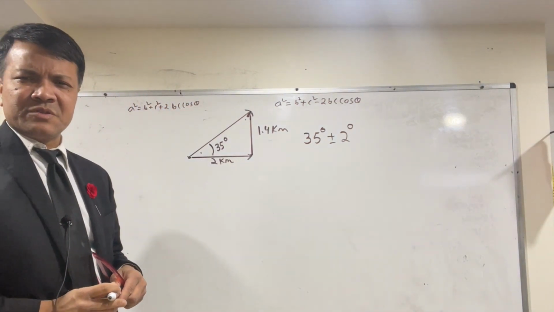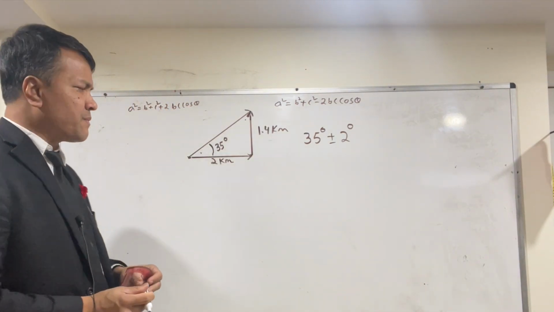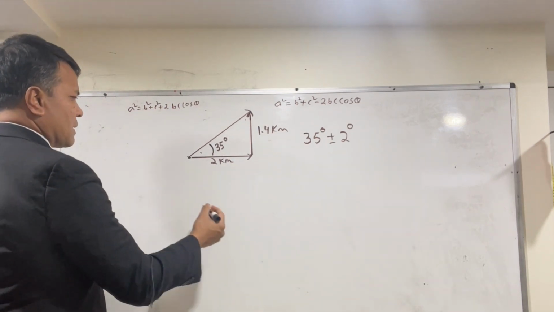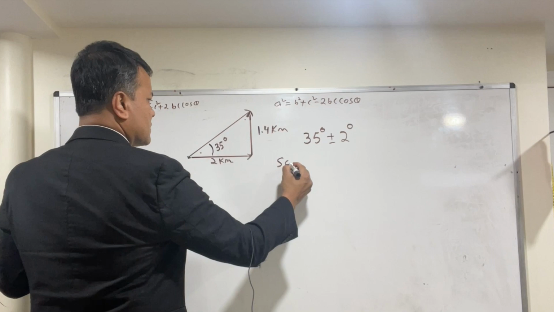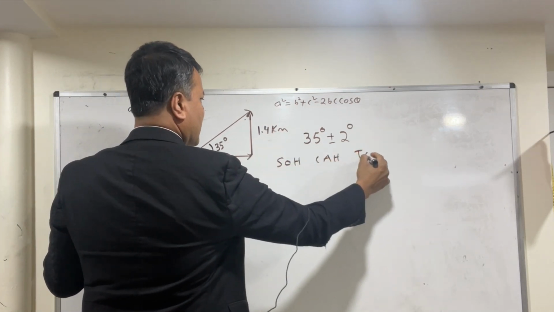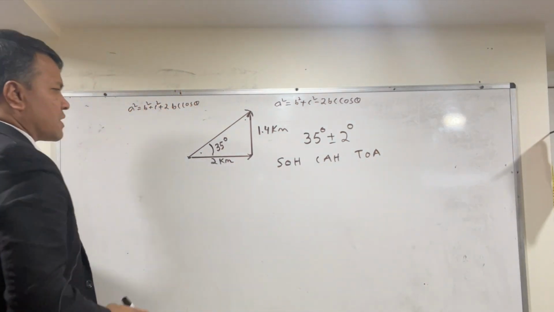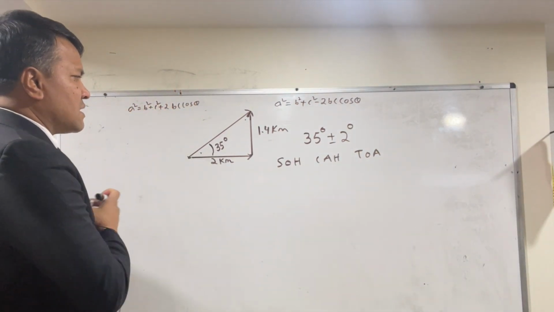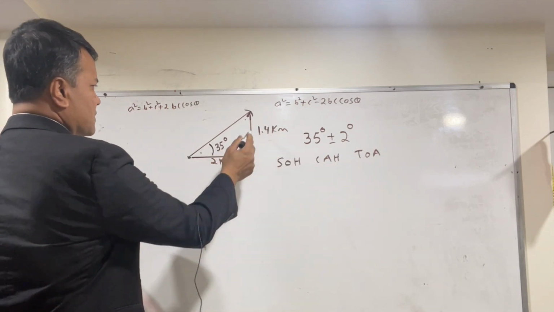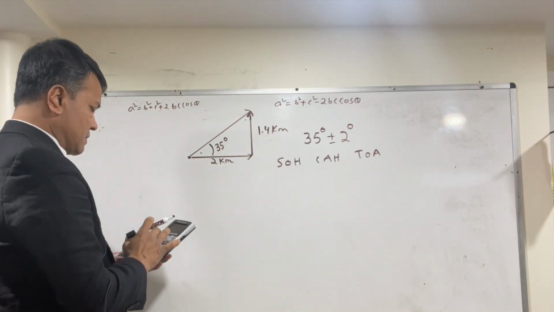However, if I do the trigonometry, then of course I'm 100% sure. So for example, I'm going to use SOHCAHTOA. I'm going to use all three to find the angle. So let's find this one. If this is 2 and this is 1.4, what is this one?